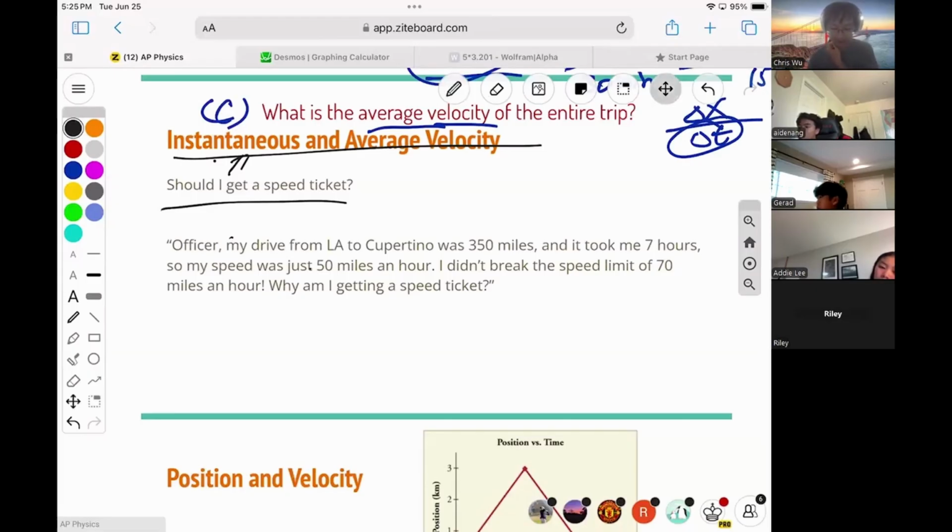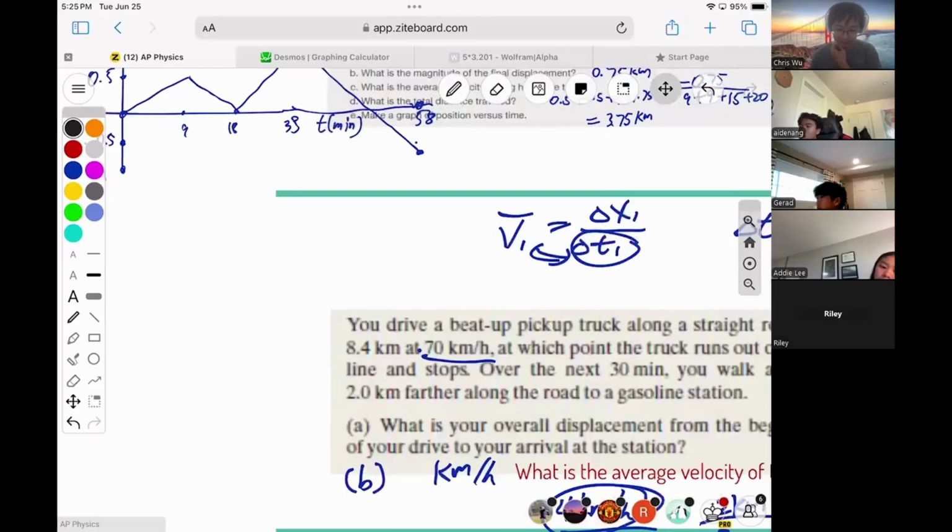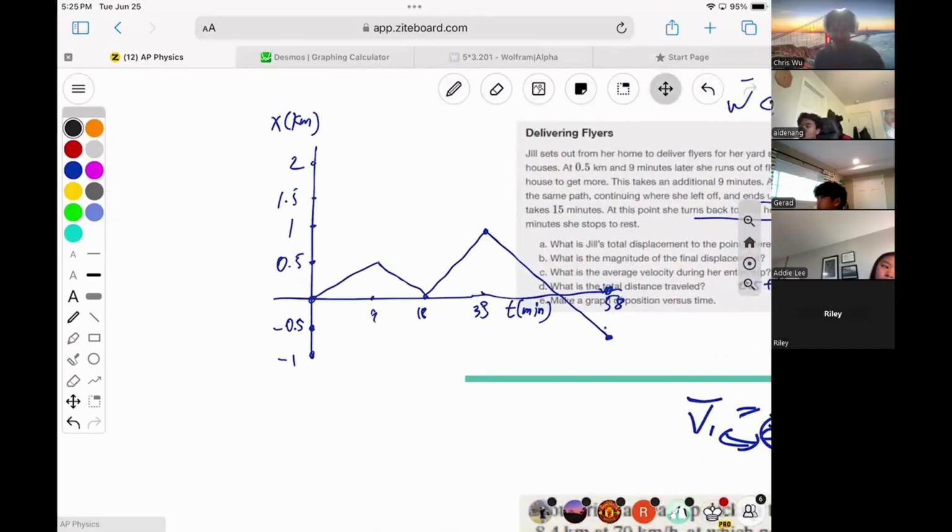And if we think about this, looking back at the graph we made earlier, if I were to find the average velocity on a graph, how would I do that? Let's say I'm interested in the average velocity of this entire trip when I went from 0 to negative 0.75. So my total displacement is negative 0.75, but the time I spent is 58 minutes, right?